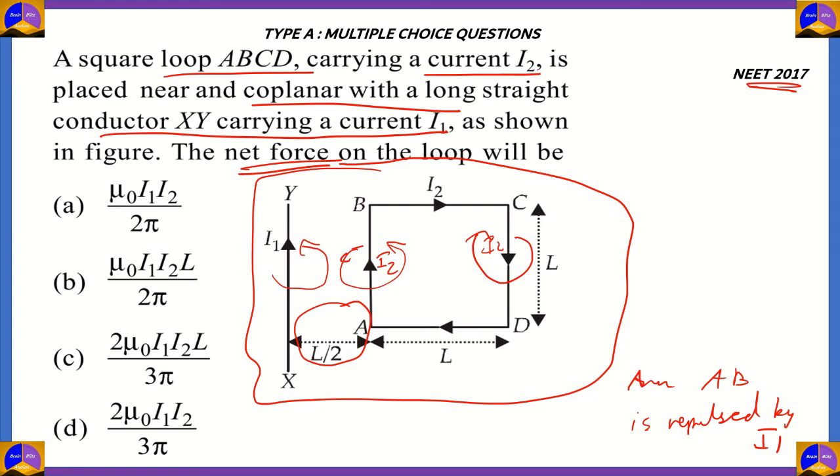So therefore, since opposites attract in magnetism, XY gets attracted to CD. But over here, the distance is L plus L by 2, which gives you a total of 3L divided by 2. So the distance between the arm CD and the conductor XY is 3L by 2, and the length of CD is L.